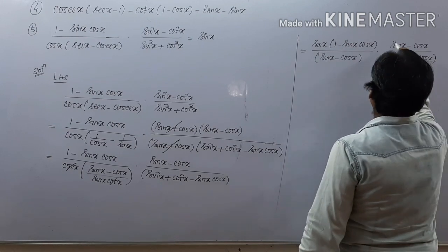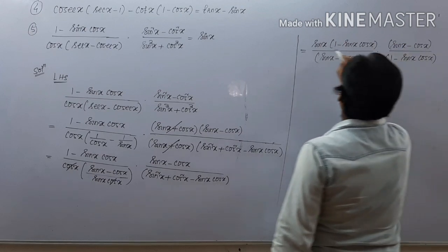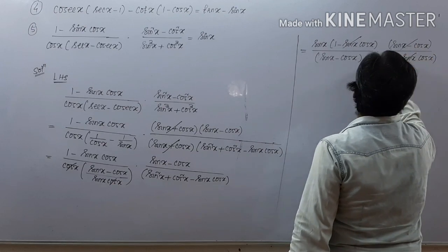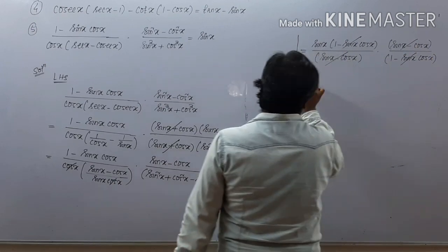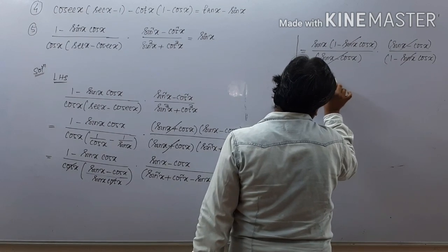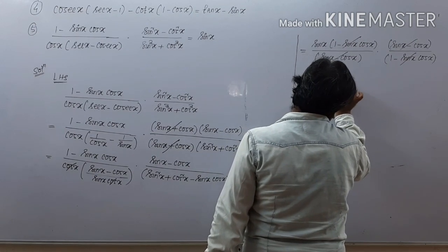So see here, the term 1 minus sin x into cos x will cancel with this term and sin x minus cos x will cancel with this term, so we will get sin x. This is nothing but the RHS.